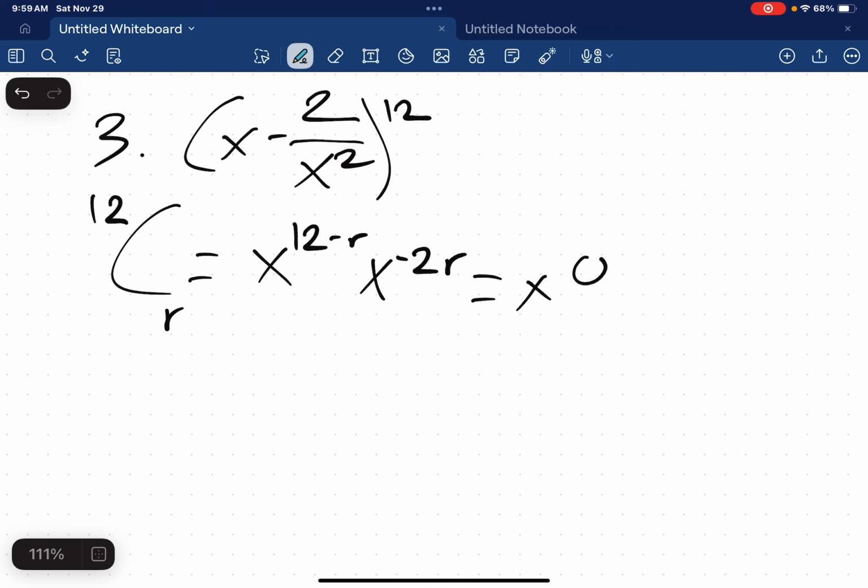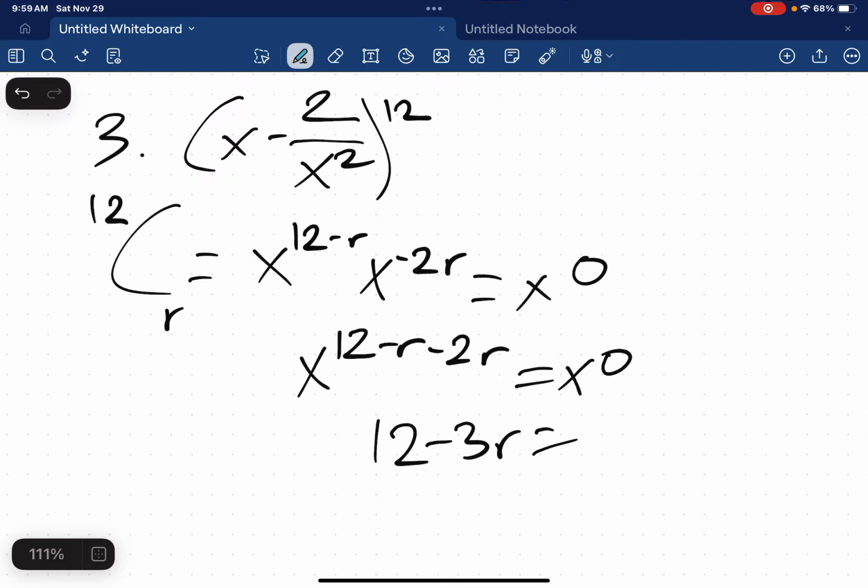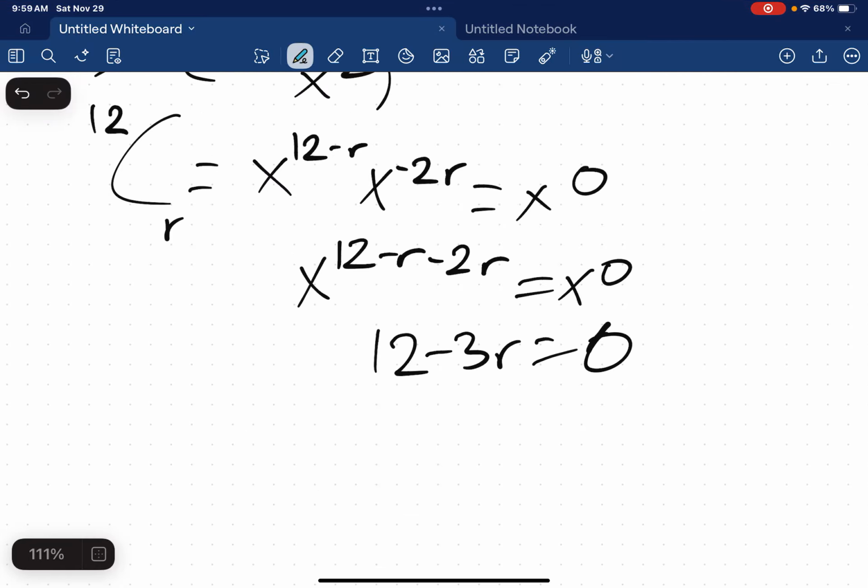And this is going to be equal to x to the 0. When we're multiplying exponents, just remember we're adding them up. That means that 12 minus 3r is equal to 0. Minus 12 on both sides divided by negative 3, you get r equals 4.